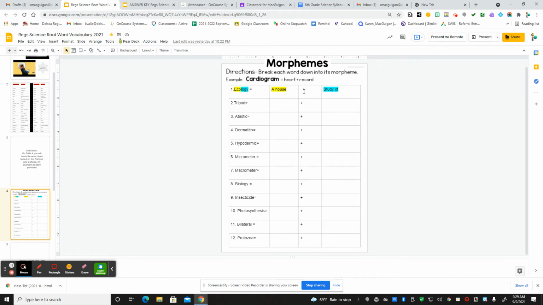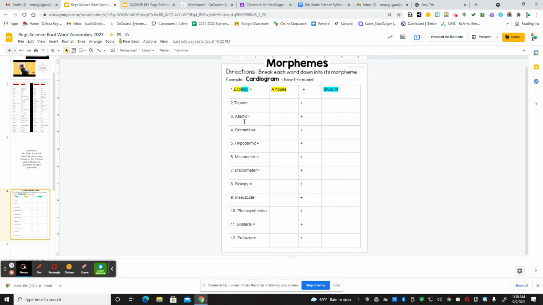So together, that word means the study of a house, which in reality, an ecology definition is the interactions between the living and non-living things in the environment. So it kind of makes sense as to what that word might mean. And if you knew those mini words of that prefix and that suffix, then you now have a better understanding of what that word might mean.